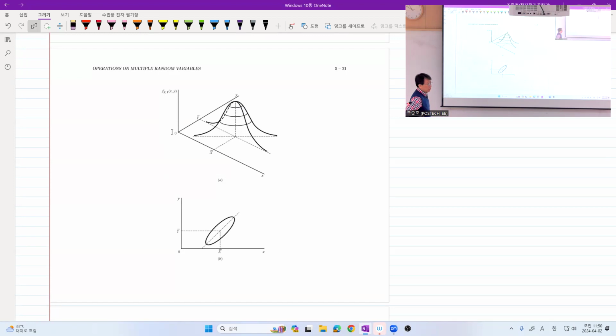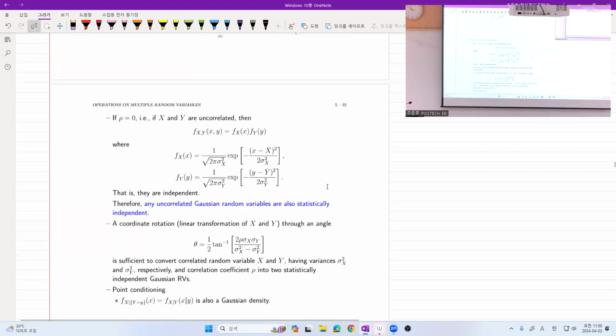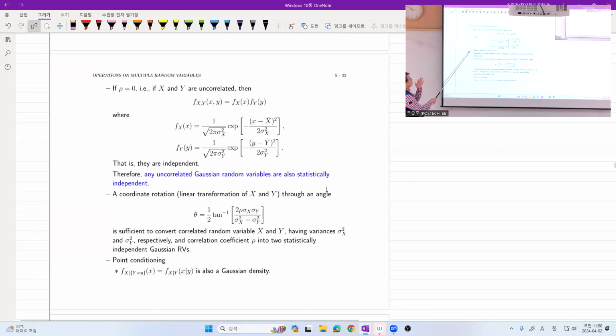Okay, the level set is a subset of your domain, which in this case is R squared. So you have an ellipse with a major axis with positive slope when rho is positive. As I told you, uncorrelated means independence in the Gaussian case.